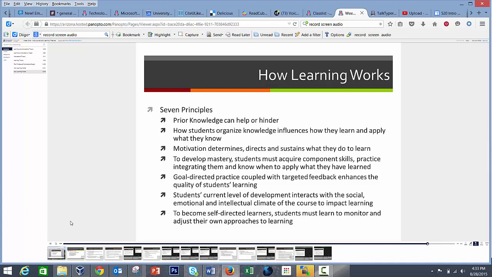Last, number 7. To become self-directed learners, students must learn to monitor and adjust their approaches to learning. Learners may engage in a variety of metacognitive processes to monitor and control their learning, assessing the task at hand, evaluating their own strengths and weaknesses, planning their approach, applying and monitoring various strategies, and reflecting on the degree to which their current approach is working.